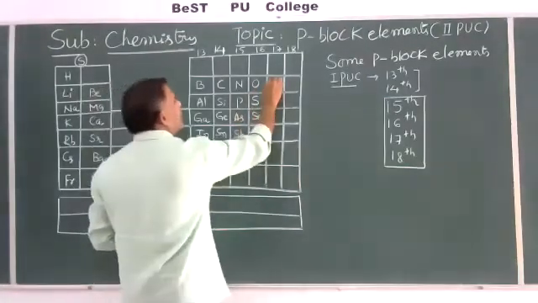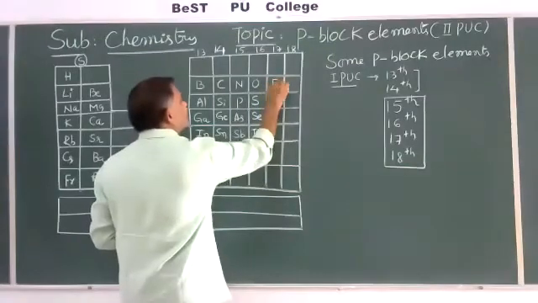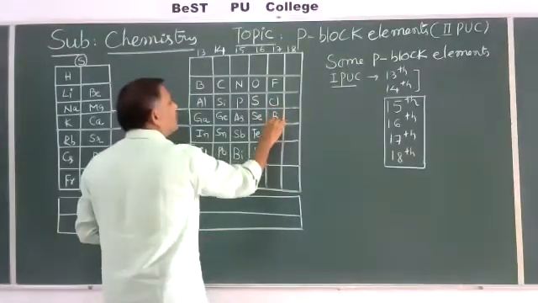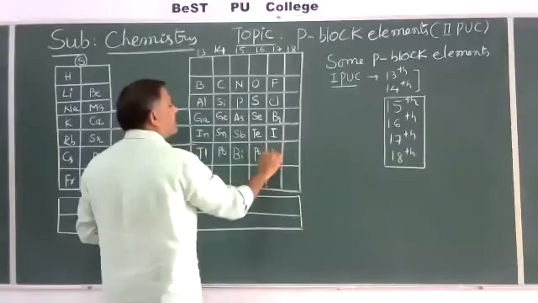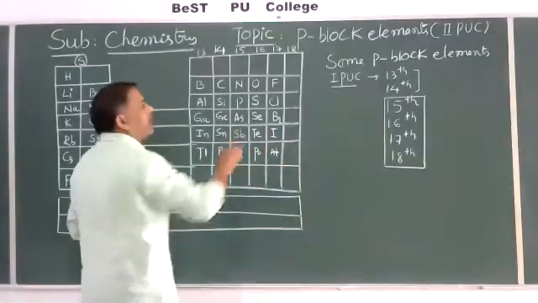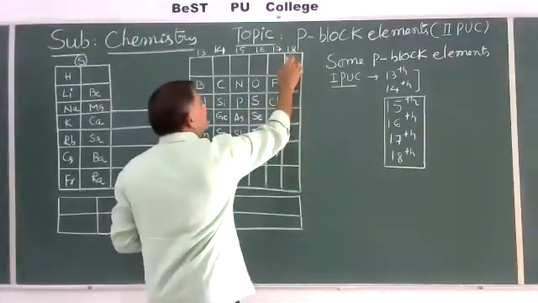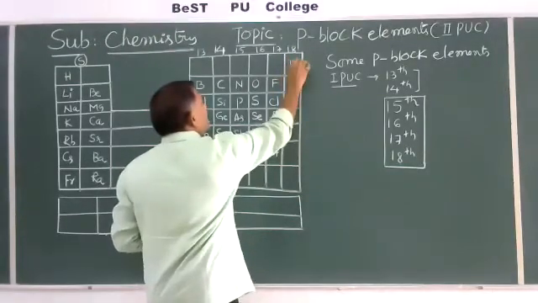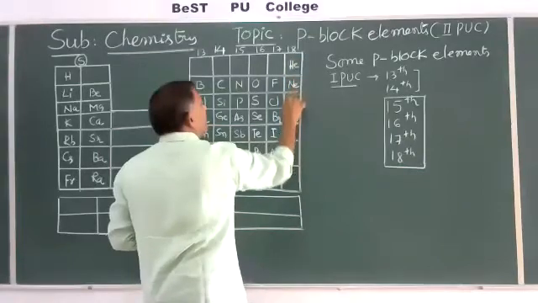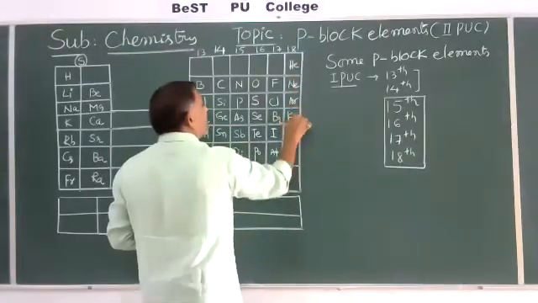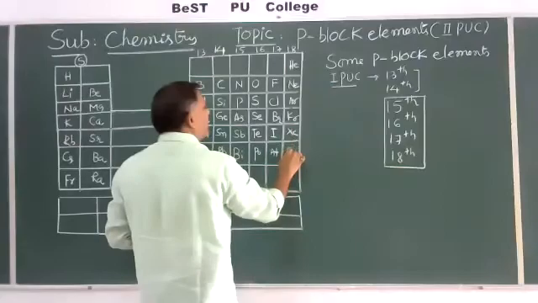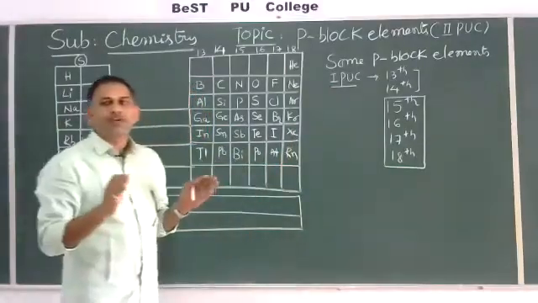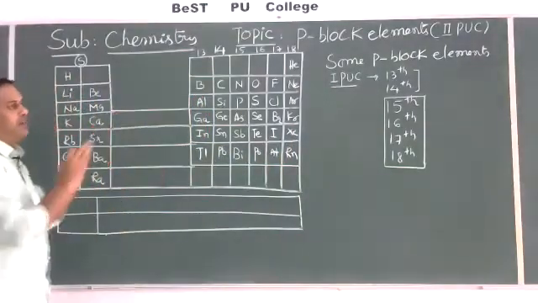The 17th group is fluorine, chlorine, bromine, iodine and astatine. The 18th group elements, that is zero group elements, are helium, neon, argon, krypton, xenon and radon. This is the story of P block elements.